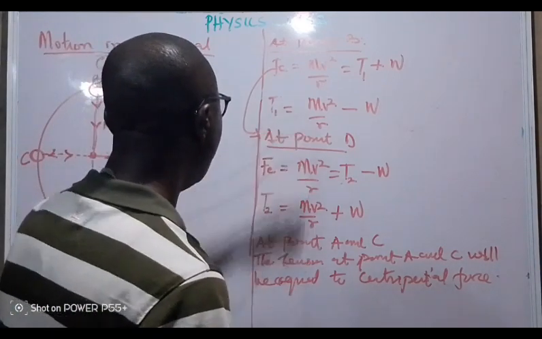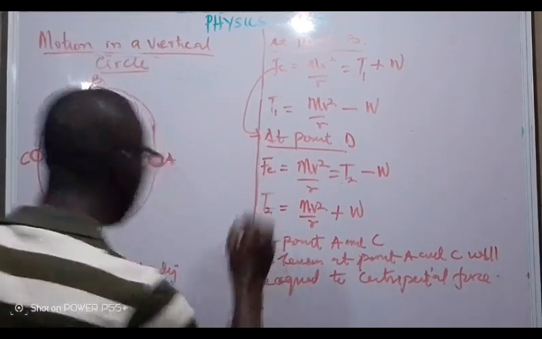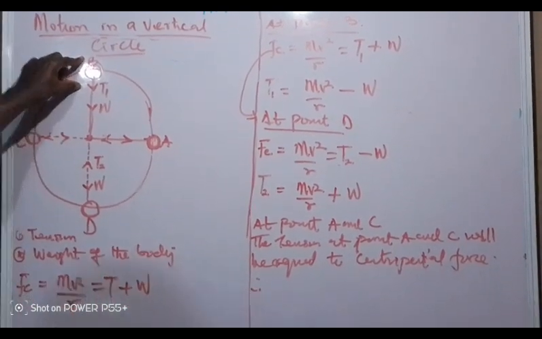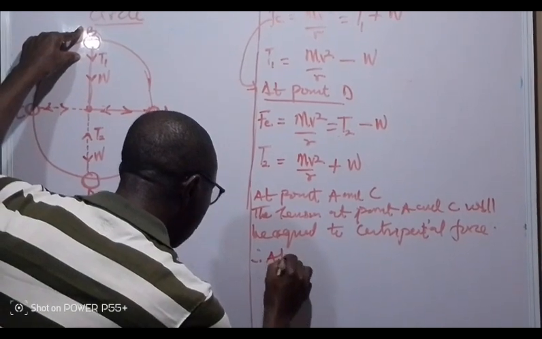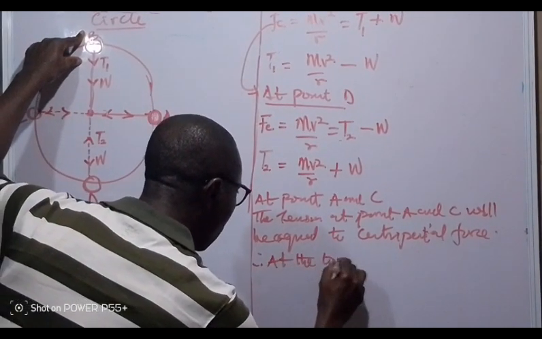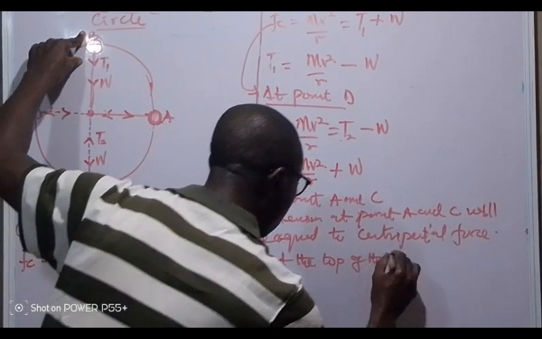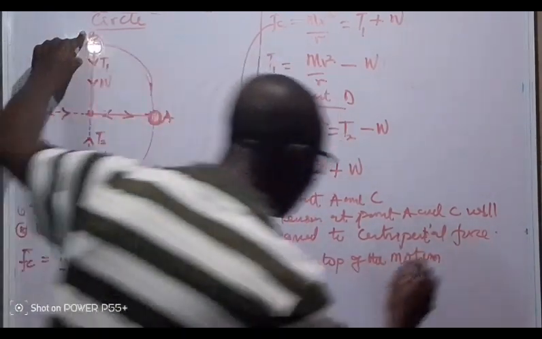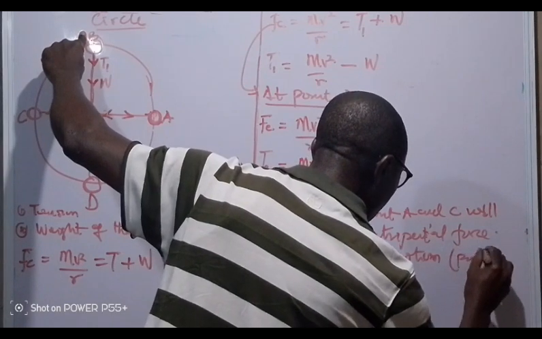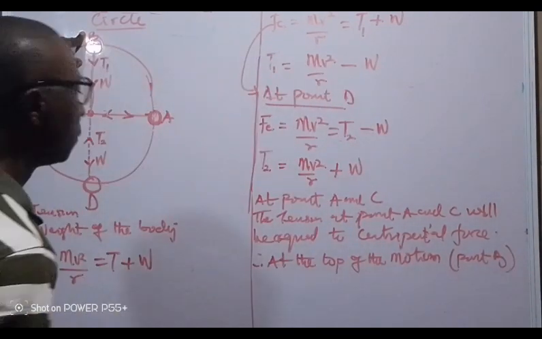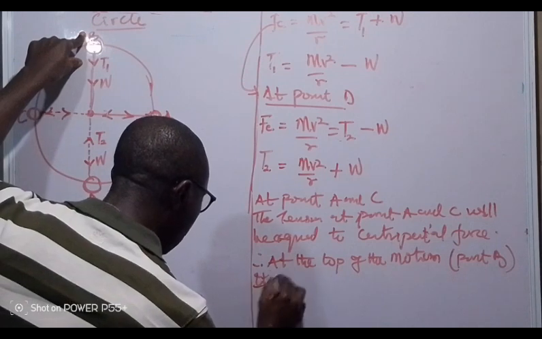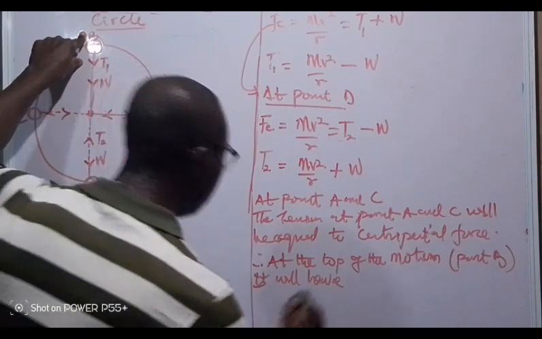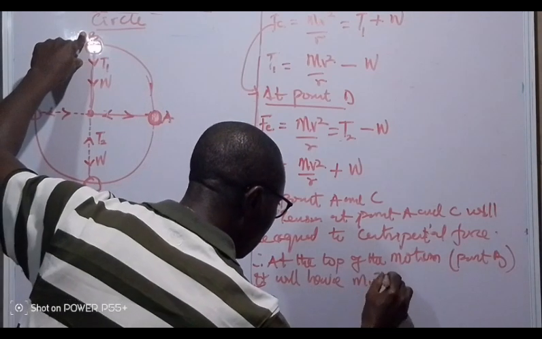That is, an object moving in a circular path at the top of the motion, that is at point B, will have minimum tension.